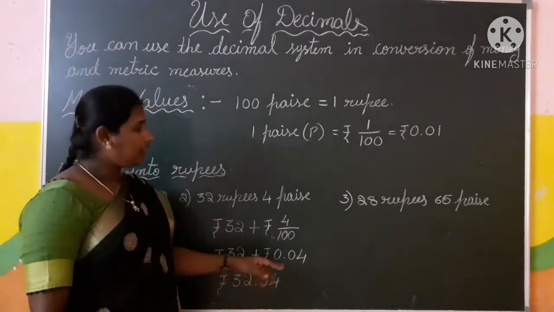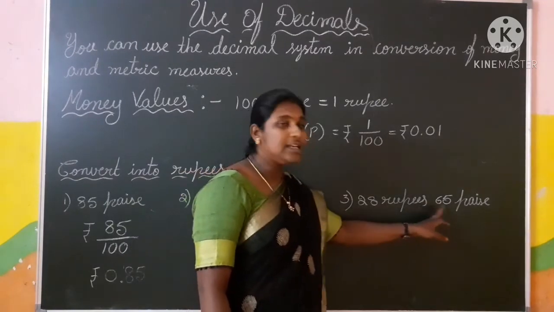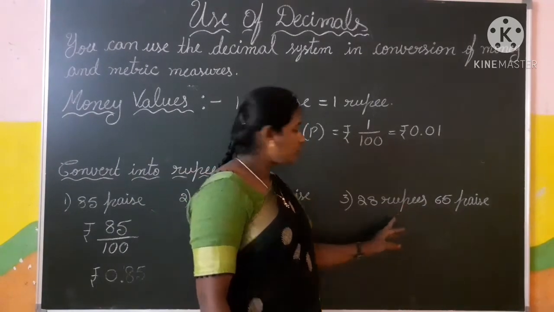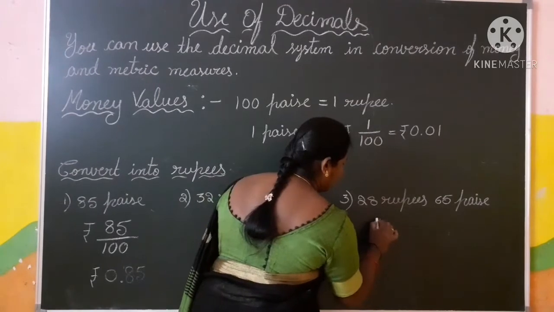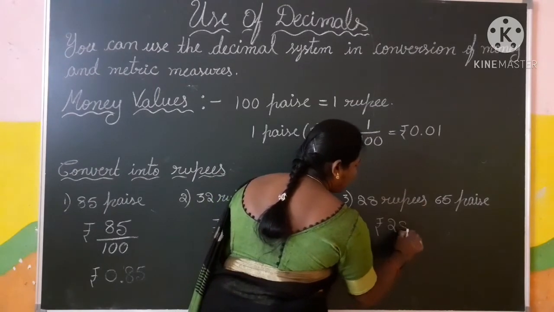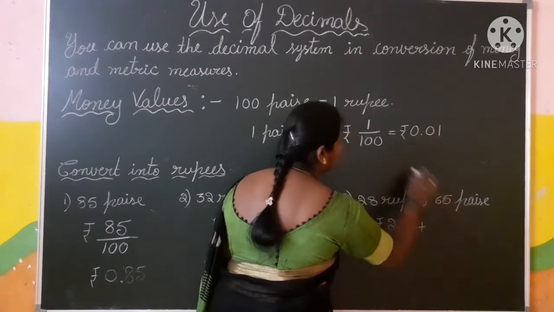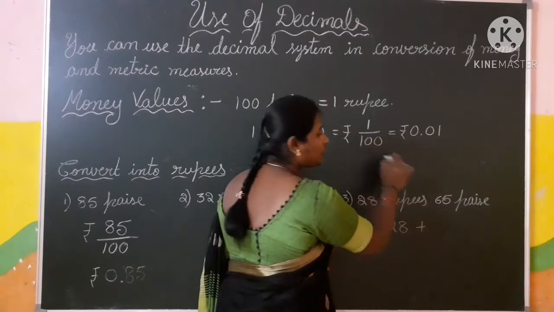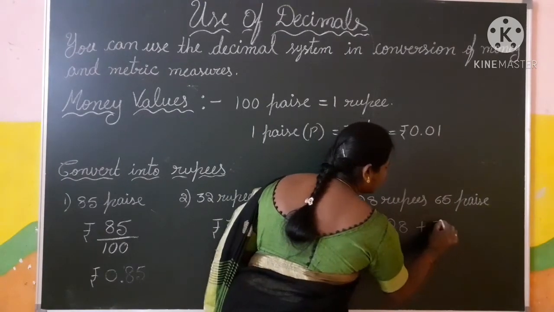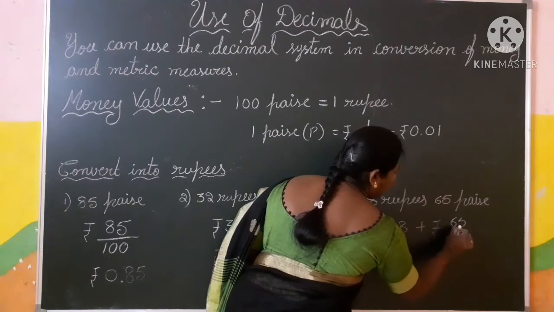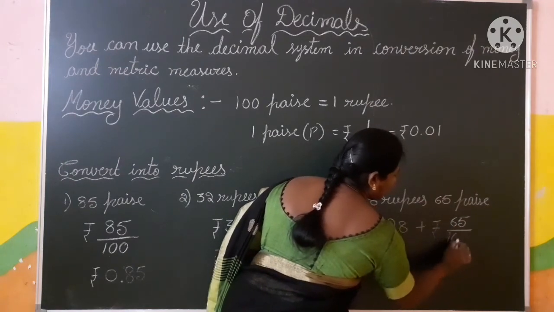Next one, 28 rupees 65 paise. That is 28 plus 65 paise. 1 paisa is equal to 1 by 100 rupees, so 65 paise is rupees 65 by 100.